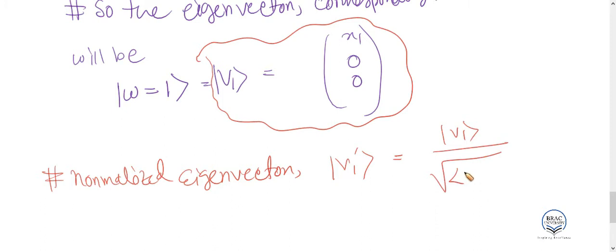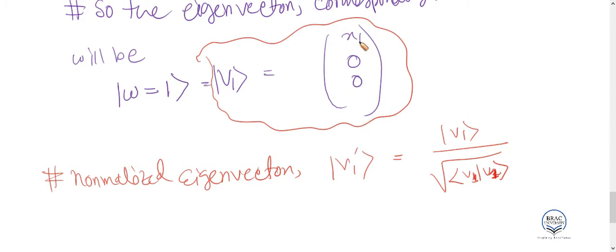And recall, the magnitude was given by the square root of the inner product of v1 with itself. The idea here for normalizing this thing is that you can either take x1 to be 1 and then find the normalized eigenvector.